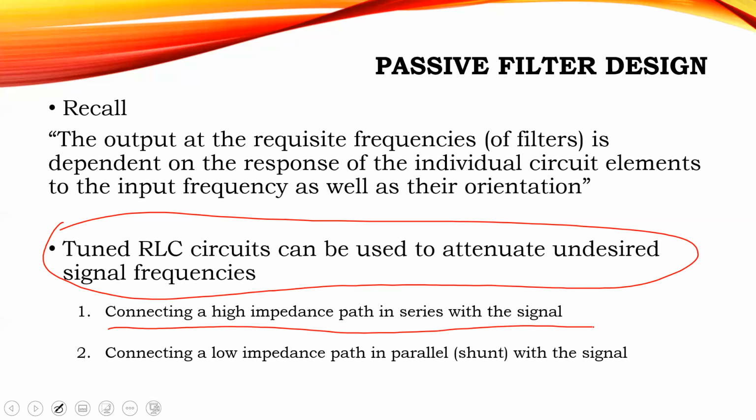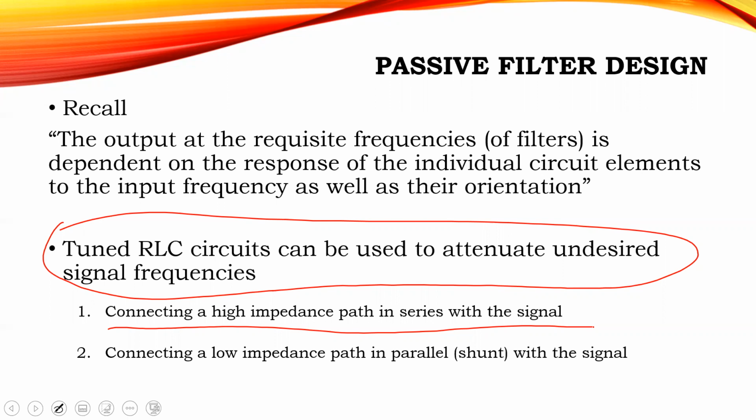I'm sorry. If you had the capacitor in parallel, you would have wanted the low frequencies to be at the output, because you want the higher impedance in parallel. But if you wanted the low frequencies to be blocked, then you would put the element that gives you low impedance or low reactance in parallel, which is why we would have put the inductor at the output, and that will give you a high pass filter because you're blocking low frequencies.